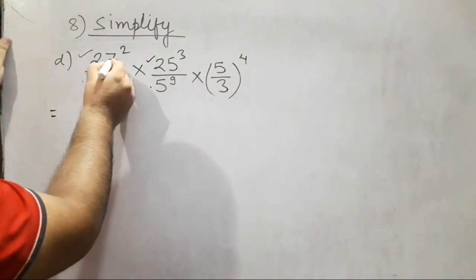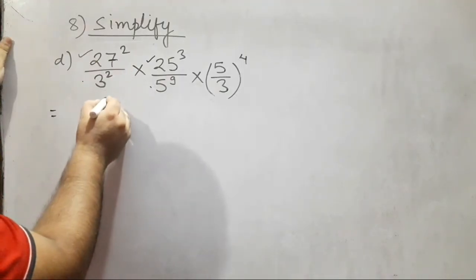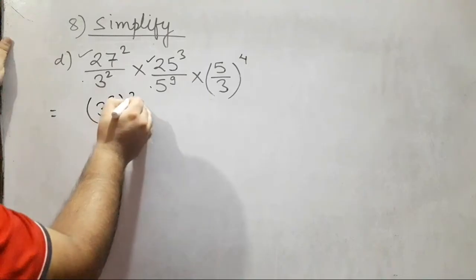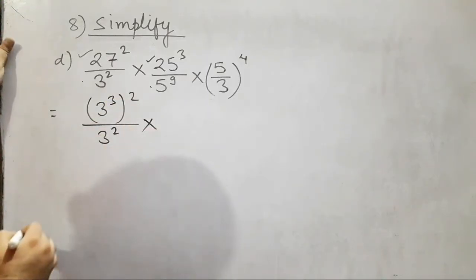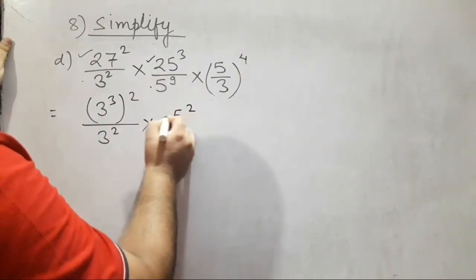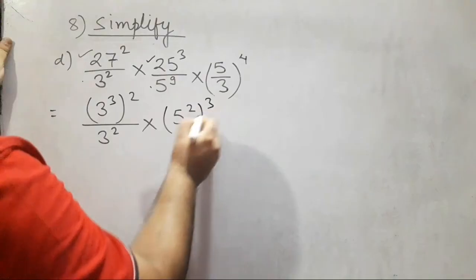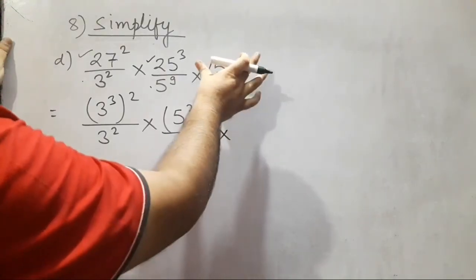So let's convert this 27 into the base 3. 27 can be written as 3 power 3, bracket 2, by 3 square into 25 can be written as 5 power 2, that is 5 square, bracket 3, by 5 power 9 into, open the bracket.